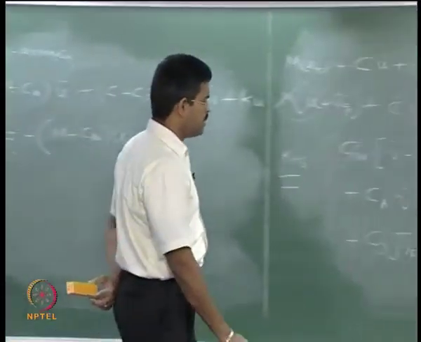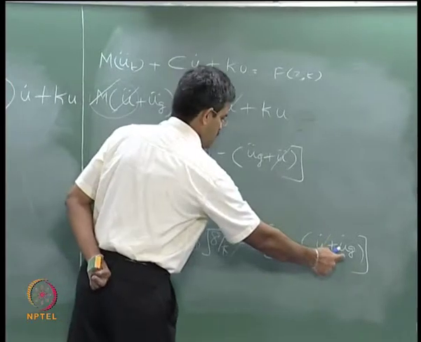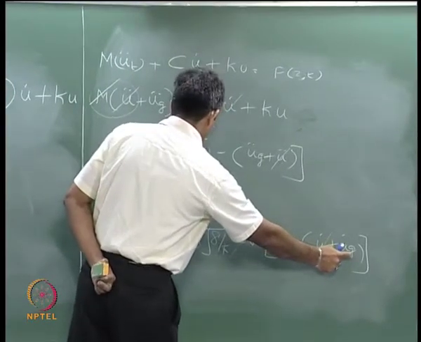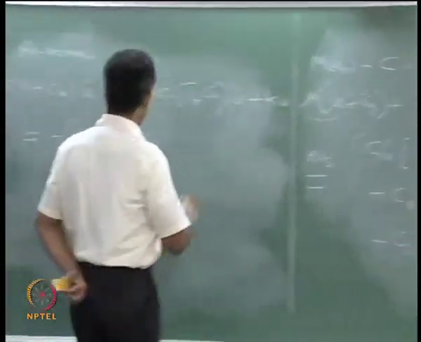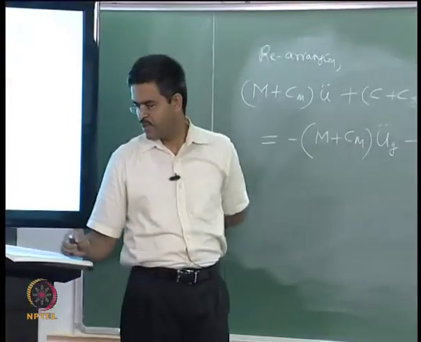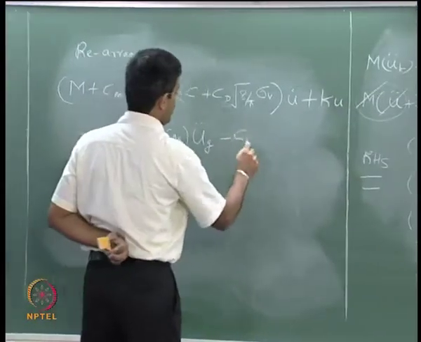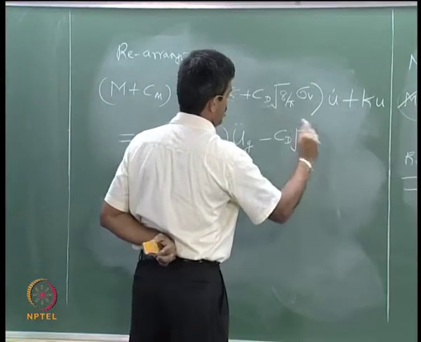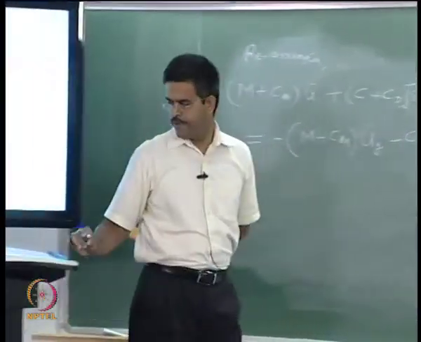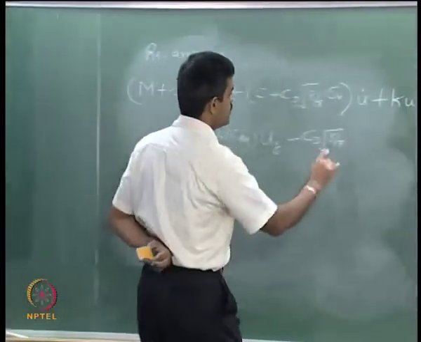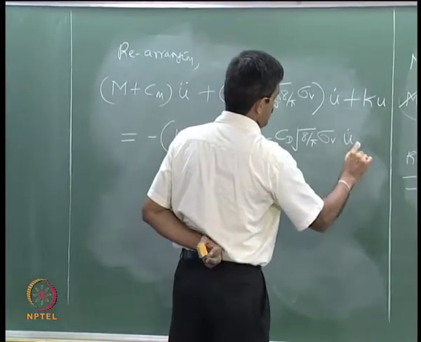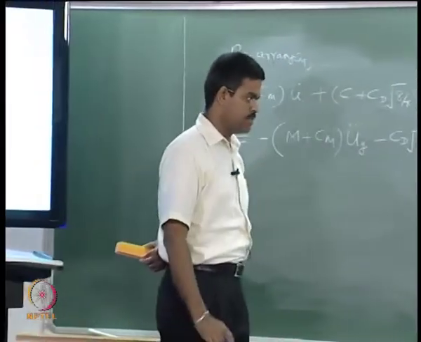There is a negative term here with u dot g with CD. So, minus CD 8 by pi sigma v u dot of g, that is this term.